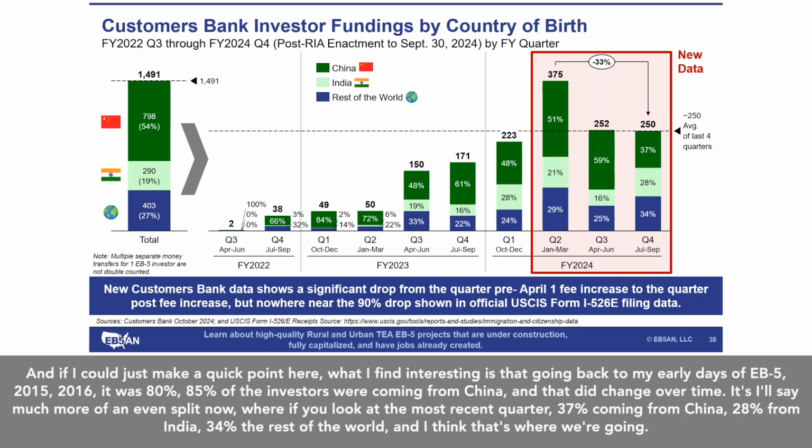Right. And if I could just make a quick point here, what I find interesting is that going back to my early days of EB5, 2015, 2016, 85% of the investors were coming from China, and that did change over time. It's much more of an even split now, right? If you look at the most recent quarter, 37% coming from China, 28% from India, 34% the rest of the world.